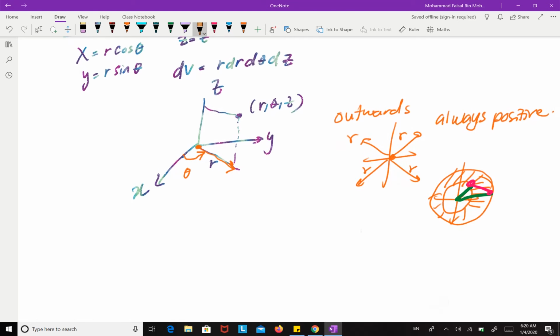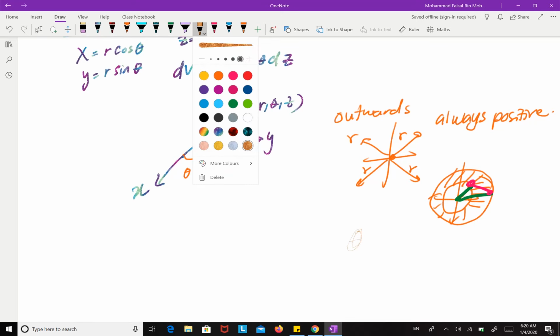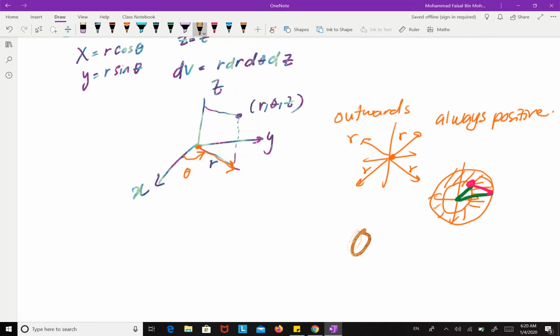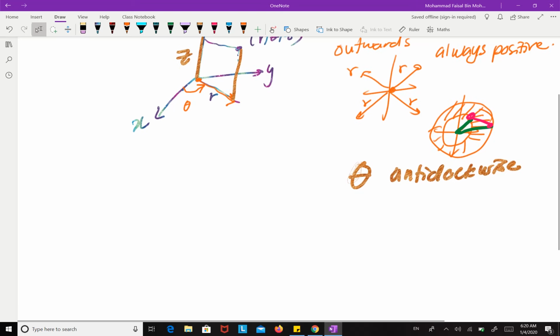So r is done. Your theta must always be in the anti-clockwise direction. And z is z.